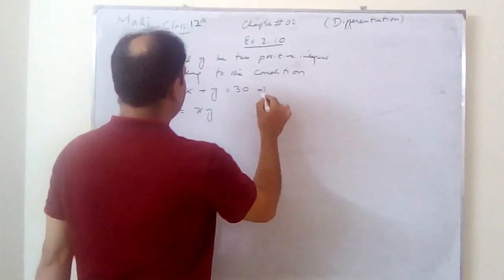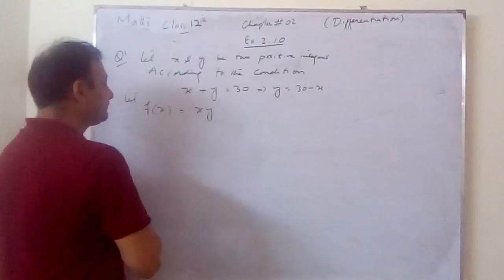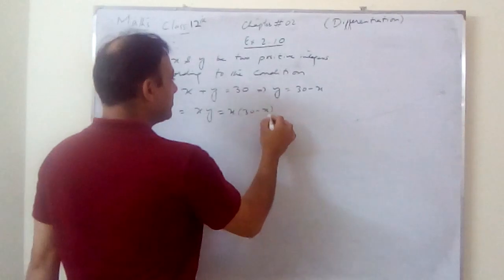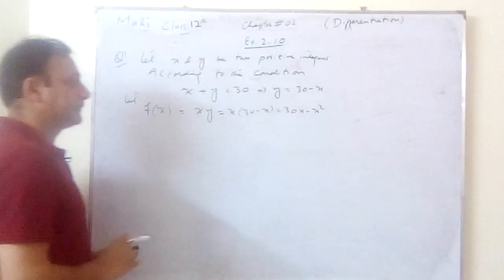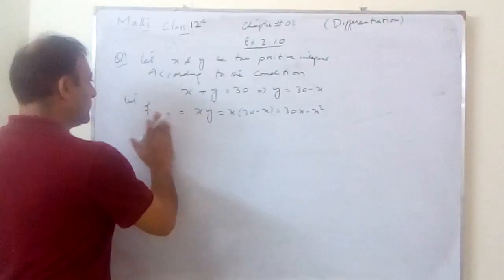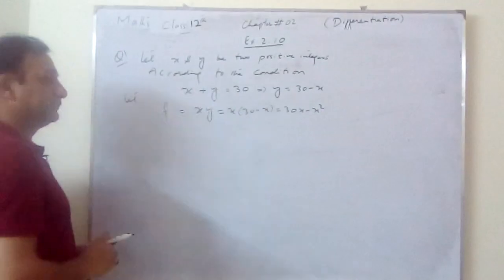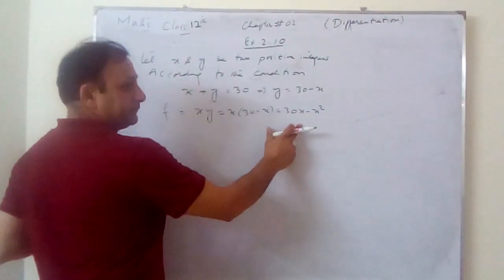From here we can write y is equal to 30 minus x. So f of x is 30x minus x square. Now this is a function.